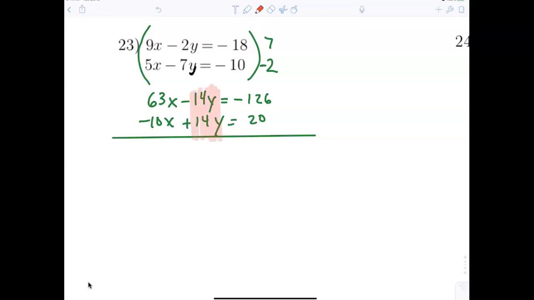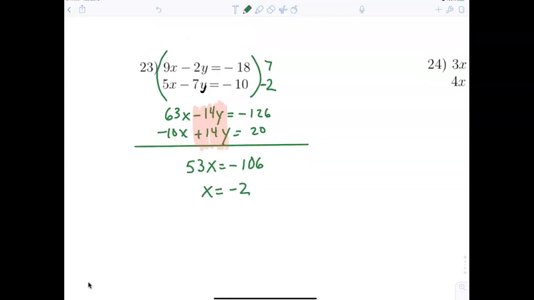All right, they cancel. Right? Yep. Let's just divide by count. It's got to be 1. Yeah, it's got to be 2. Negative 2. Good job.